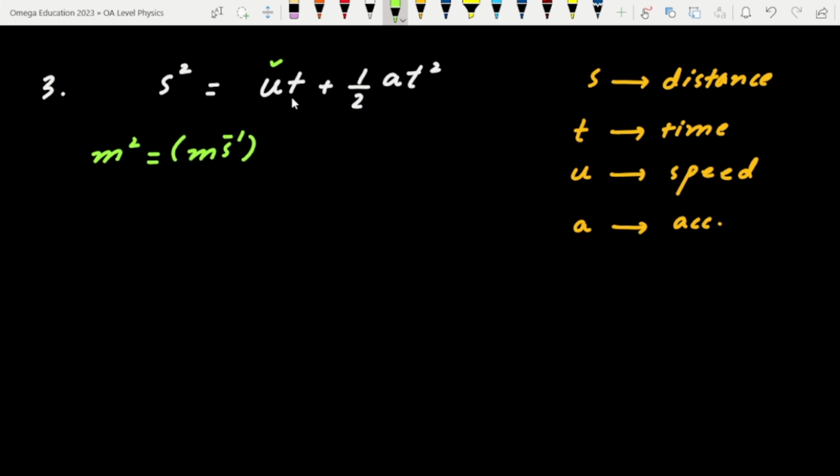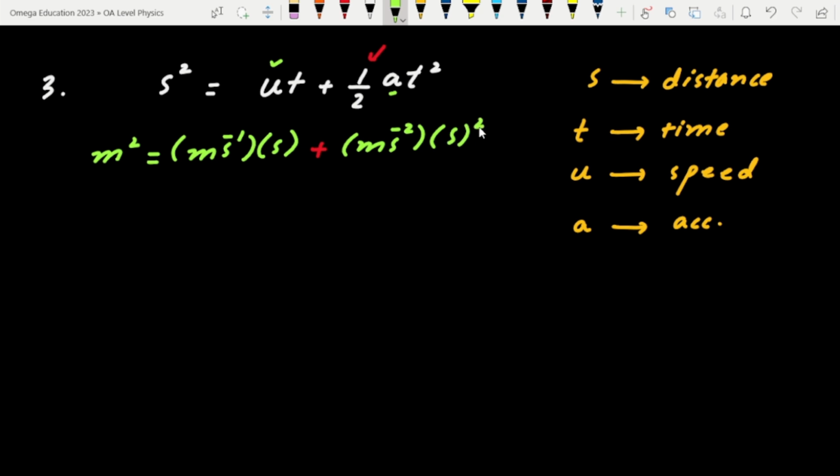That is being multiplied by time, the standard unit of time is seconds, plus 1 over 2 constant number, it would be ignored because it has no unit, followed by acceleration. For acceleration we have ms^-2, followed by the square of time, so it would be seconds squared.